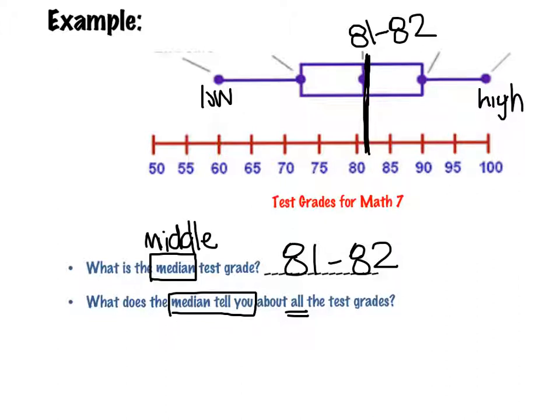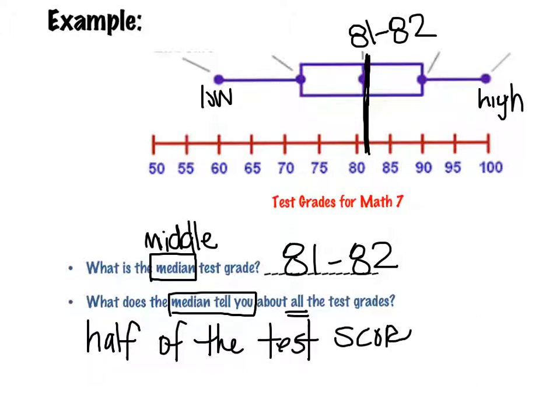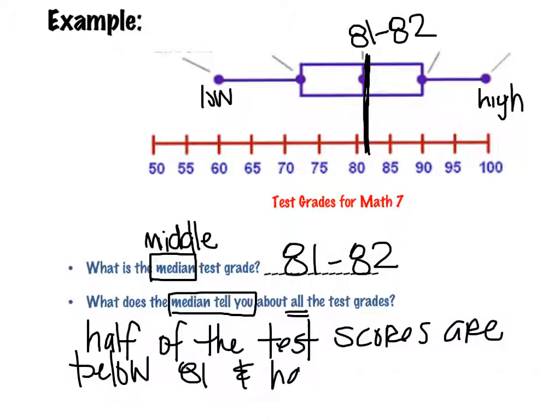One answer that you might write down is that half of the test scores are below 81 and half are above.